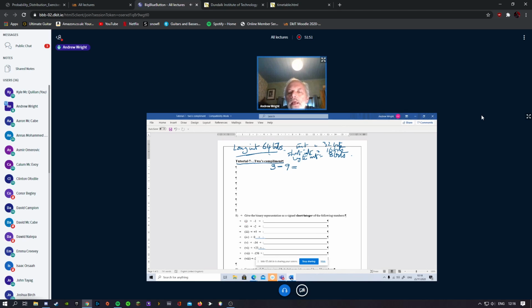So for instance, 3 will be filled up with zeros, whereas a negative number you fill up with ones. So that's the significant bit: 1 equals minus, 0 is positive. The first bit is the sign bit.